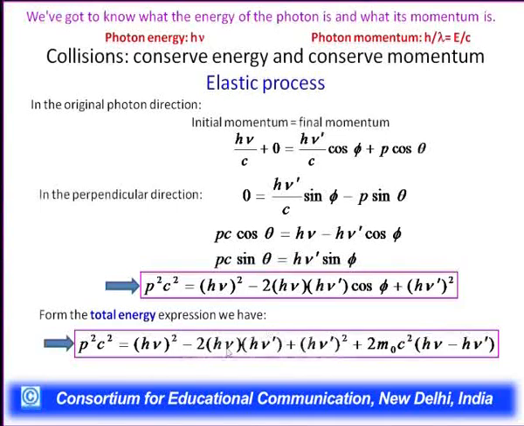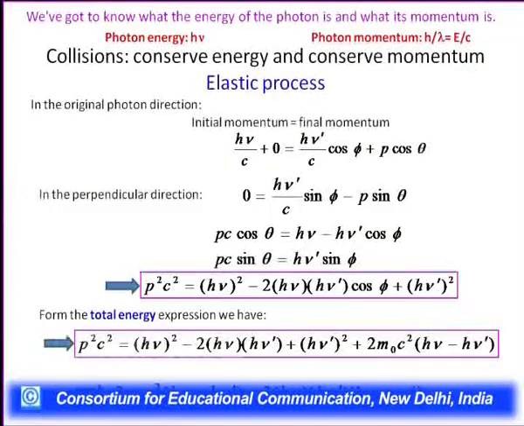Now from the total energy expression, p square c square is equal to (h nu) whole square minus 2 h nu h nu dash plus (h nu dash) whole square plus 2 m naught c square (h nu minus h nu dash). By solving the equation, 2 m naught c square (h nu minus h nu dash) is equal to 2 h nu h nu dash into (1 minus cos phi).